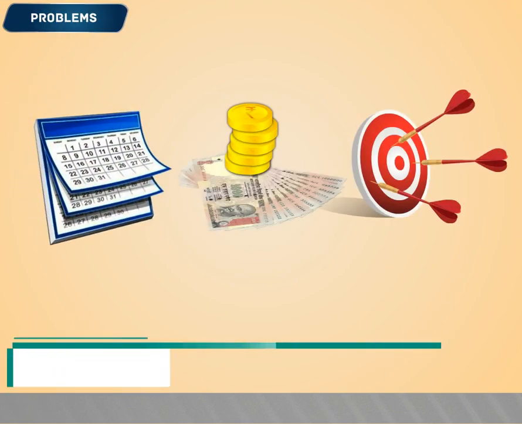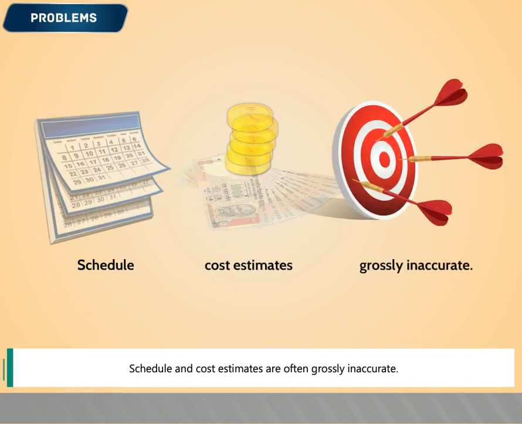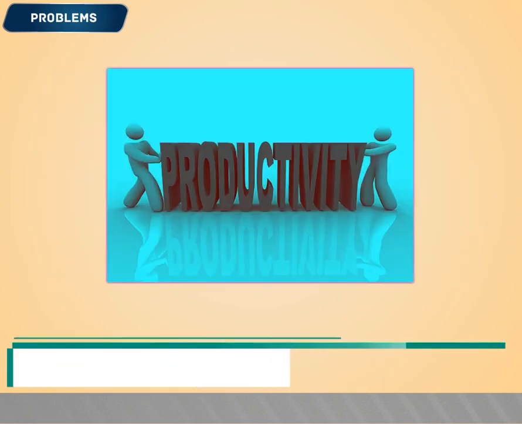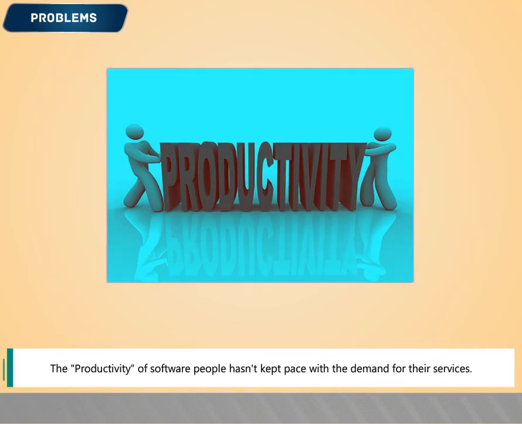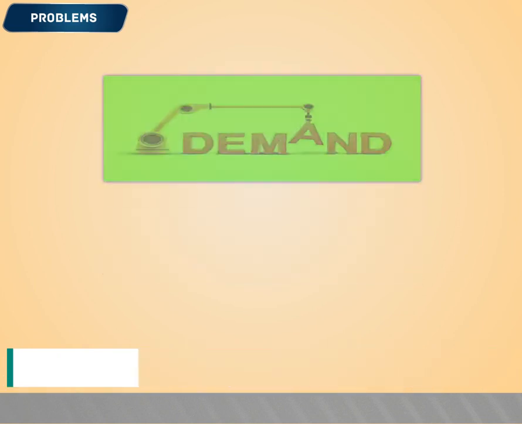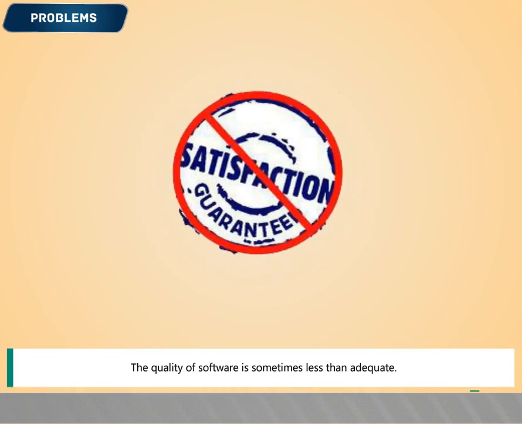Problems. Schedule and cost estimates are often grossly inaccurate. The productivity of software people has not kept pace with the demand for their services. The quality of software is sometimes less than adequate.